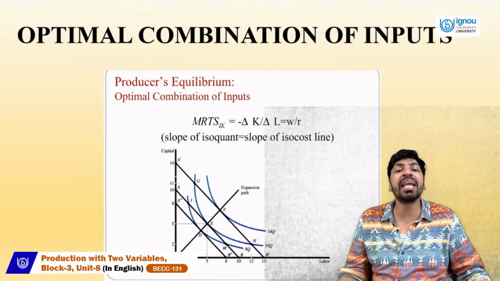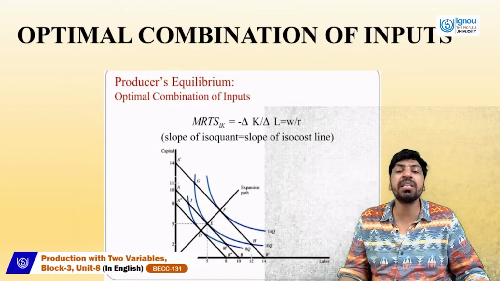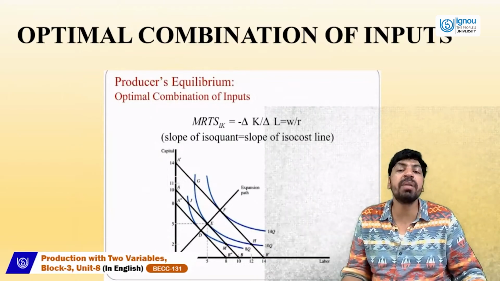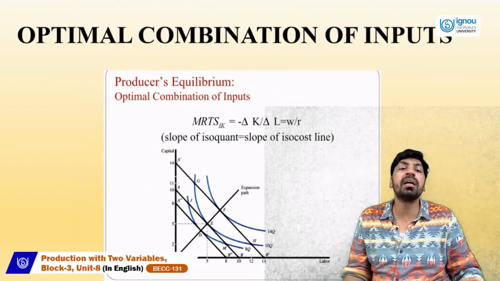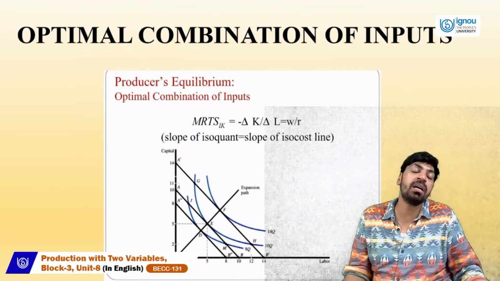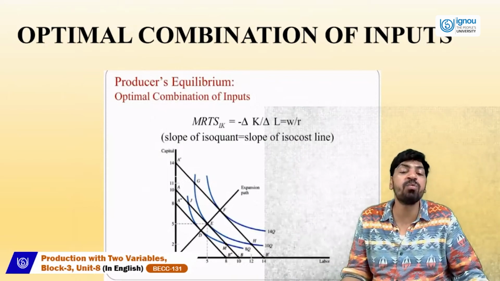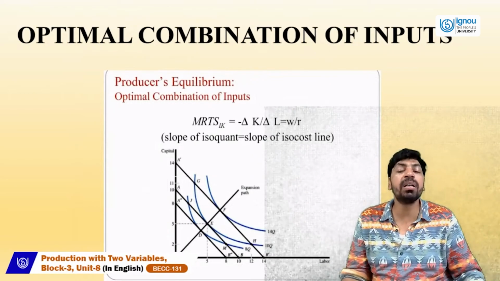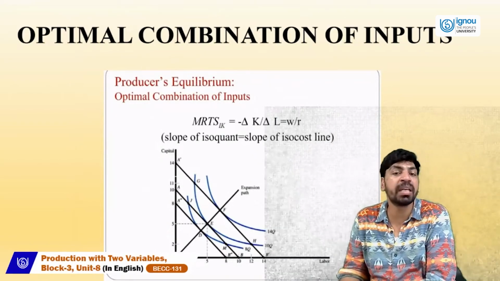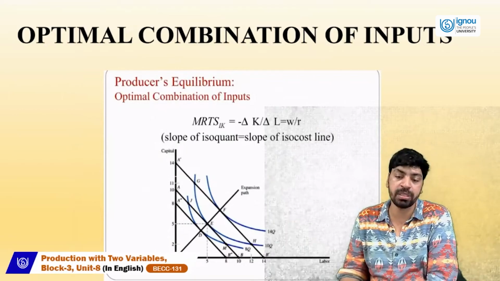And the marginal rate of technical substitution is one of the conceptual frameworks used in the case of producer equilibrium. When the producer equilibrium point is shown in the diagram on the screen, that's called the optimum combination of two inputs.